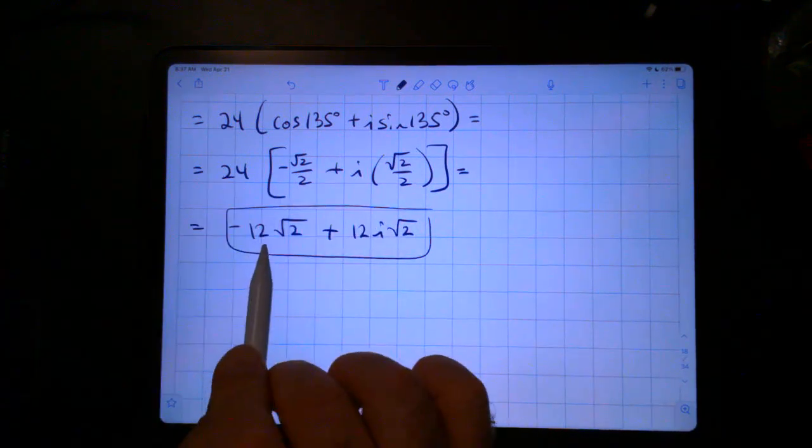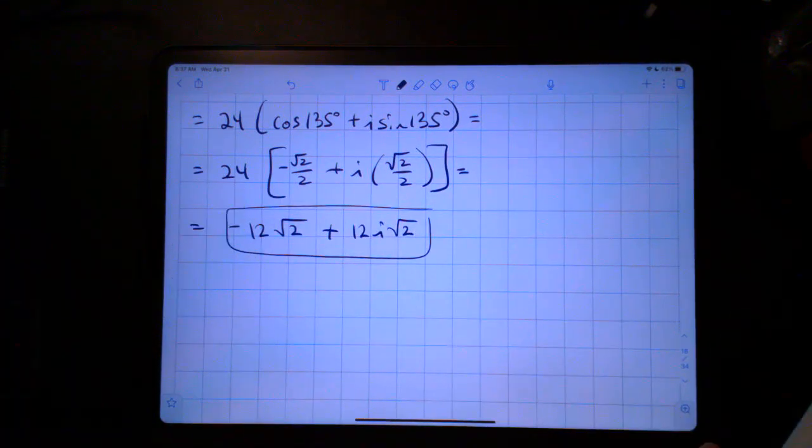Twenty-four divided by 2 is 12 on both instances.